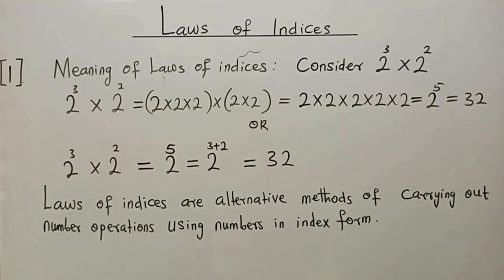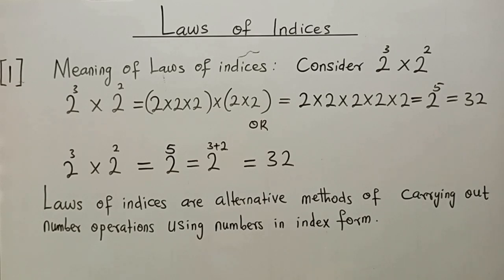What if it is 2 to the power 3 minus 2 to the power 2? What if it is 2 to the power 3 divided by 2 to the power 2? Are they all possible? That is, is there in each case an alternative method of carrying out such number operations?